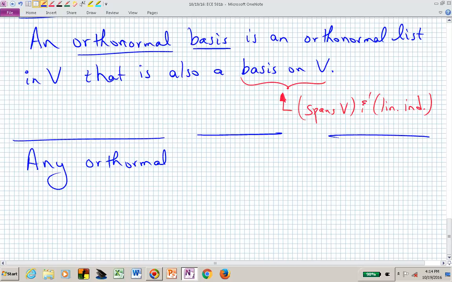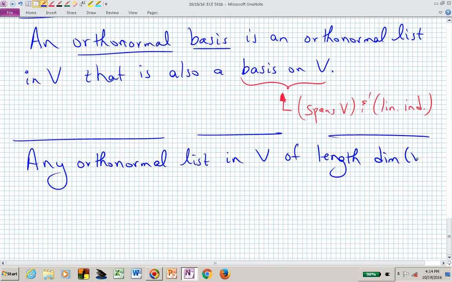Any orthonormal list in our vector space V that has the number of vectors in it equal to the dimension of V is in fact an orthonormal basis.